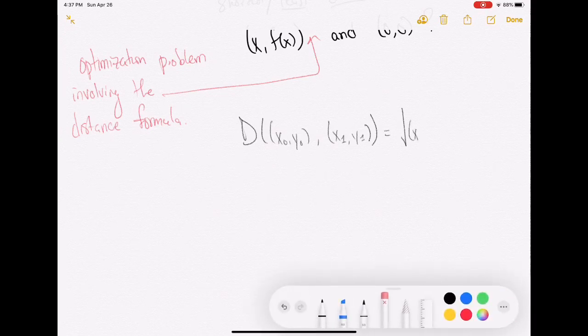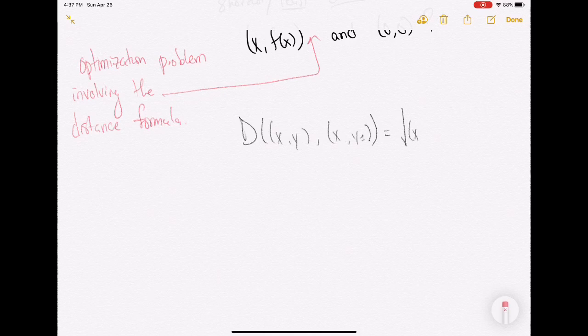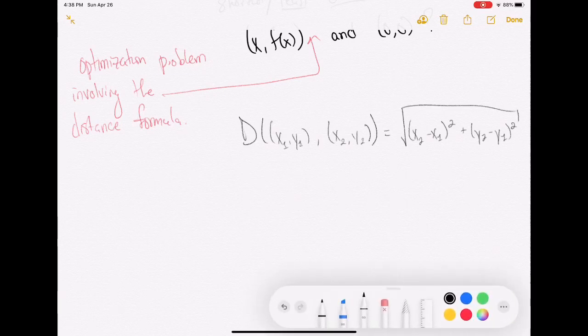We normally write it a different way. Instead of doing zeros and ones, people normally do ones and twos, so I want to jog your memory with that better. So the distance between x1, y1, and x2, y2 is the square root of x2 minus x1 squared plus y2 minus y1 squared.